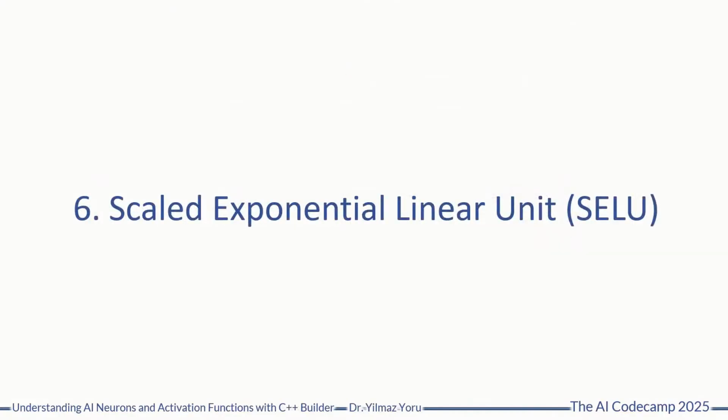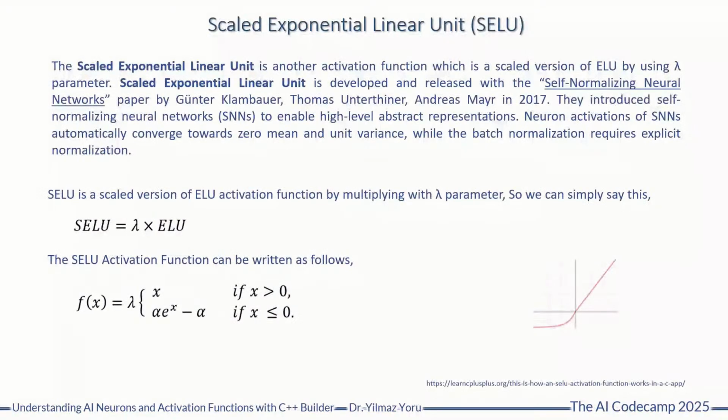The sixth one is the scaled exponential linear unit, SELU. It's another activation function released with the self-normalizing neural networks paper in 2017. They introduced self-normalizing neural networks to enable high-level abstract representations. It's a kind of scaled version of the ELU activation function.